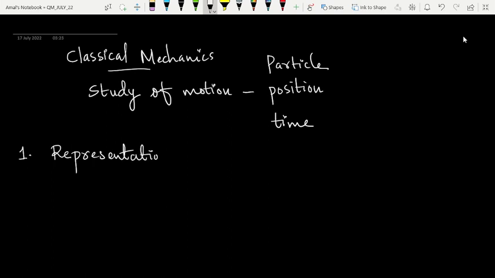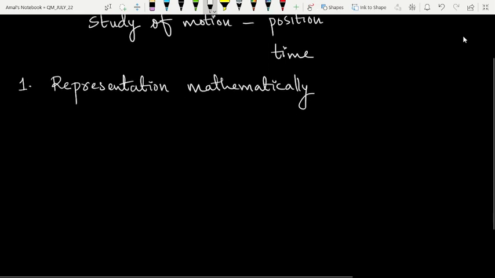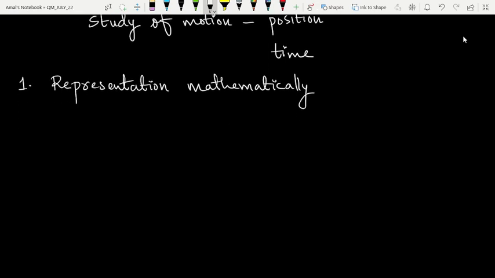Representation mathematically. So how do we represent motion mathematically? Usually what we do is we draw a coordinate system. The concept of coordinate system you already studied in mathematical physics.